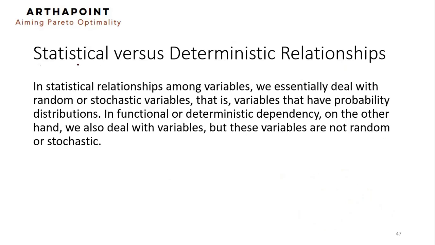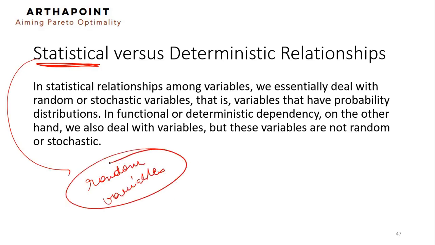When we talk about a statistical relationship, we deal with random variables. If someone asks, what is a random variable? A random variable is anything which follows randomness. What follows randomness? Anything that has a probability distribution associated with it.